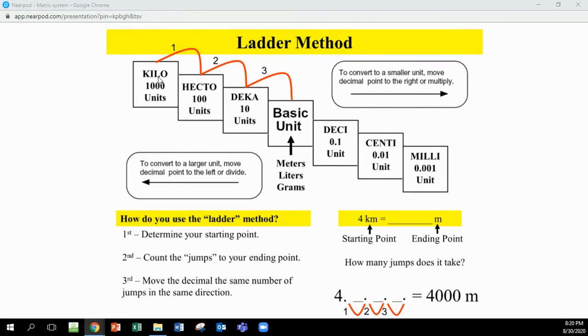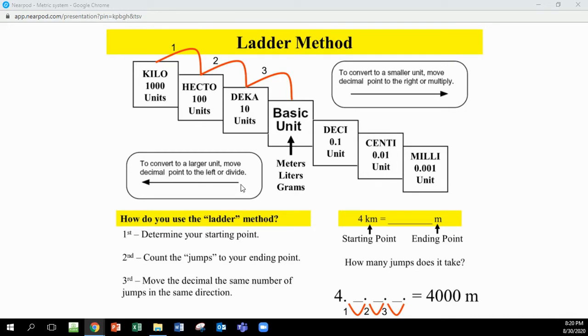If you want to go from kilo to deca, kilo is 1,000 and deca is 10. So if you're going from 1,000 to 10, or 10 to the 3 to 10 to the 1, you are moving how many spots? 1, 2. So you're going to move your decimal 2 spots.